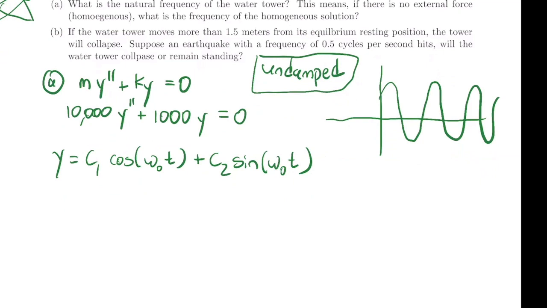Right, so for these undamped ones, hopefully it makes sense that you are expecting to get something that looks like this. And this value, omega, I'll call it omega naught, is what we call the natural frequency of this system.